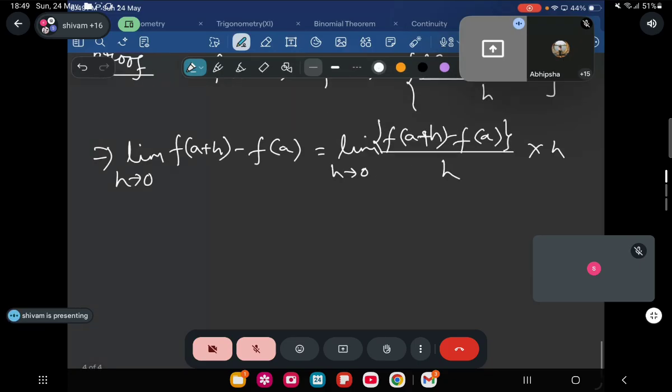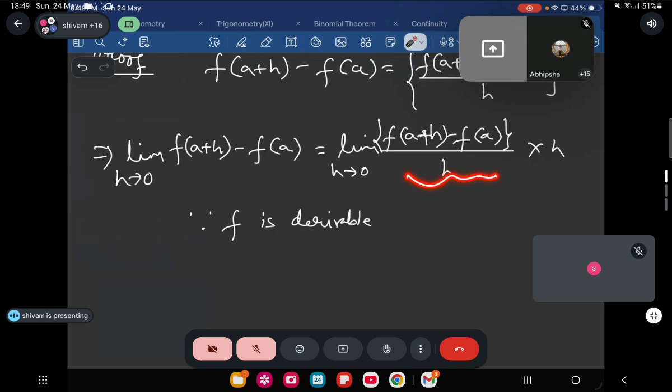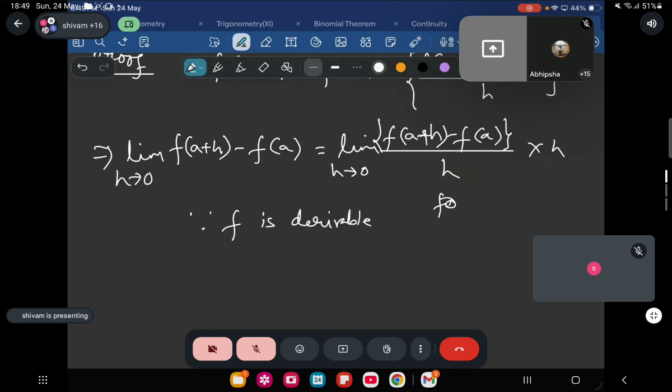And since the function f is derivable, can you see that this is a finite quantity? Finite quantity multiplied by 0 will give us 0. So right hand side is 0.